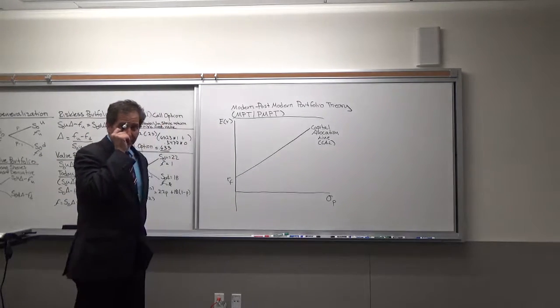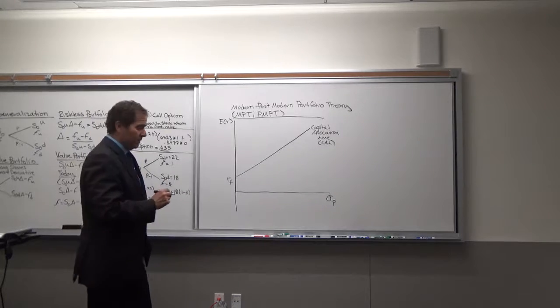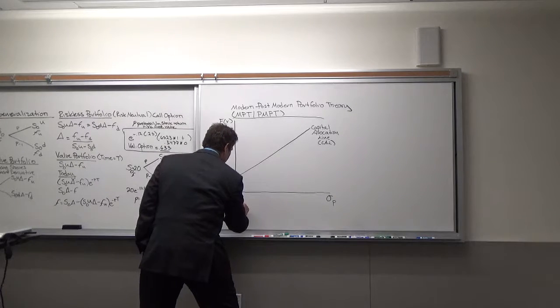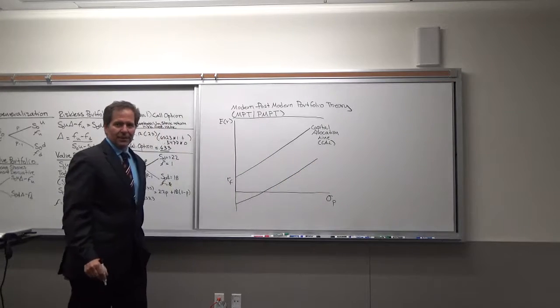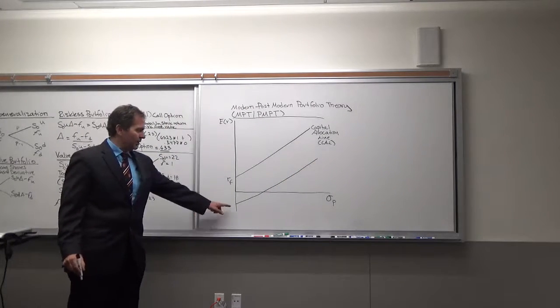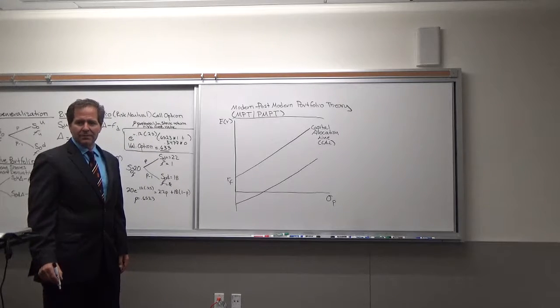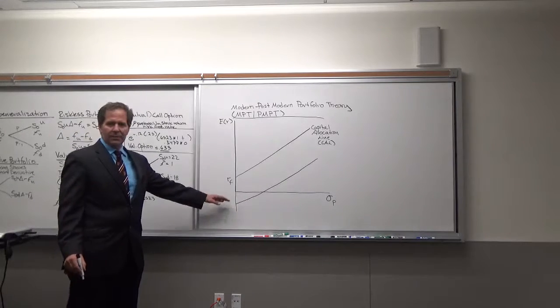if you go to Europe, or you go to Japan, the capital allocation line is like that, because nominal interest rates are negative. So rates of return could be really low.